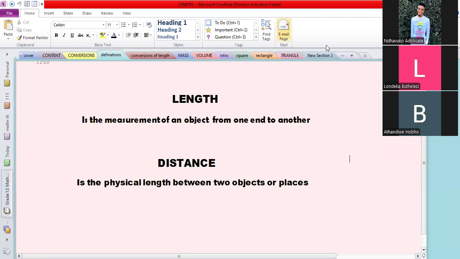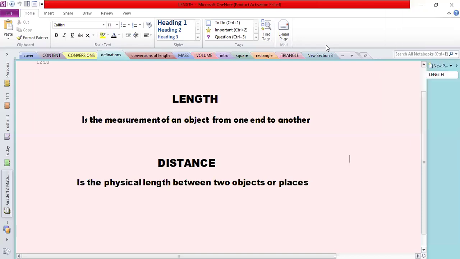If it is not from one place to another, then that is not distance. Distance has to do with 2 objects, with 2 places. This is why we call it distance relationship, because 2 people are far away from each other. We calculate the physical length between them. So distance is the physical length between 2 objects or 2 places.